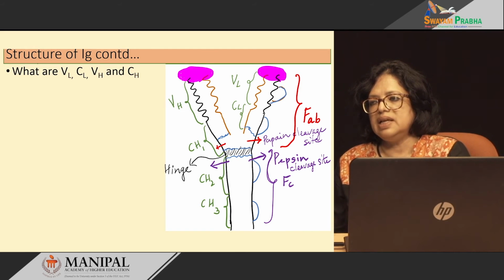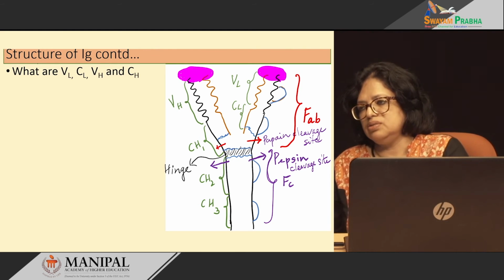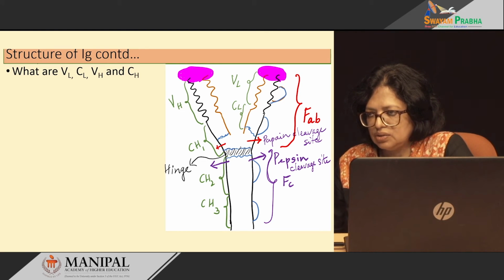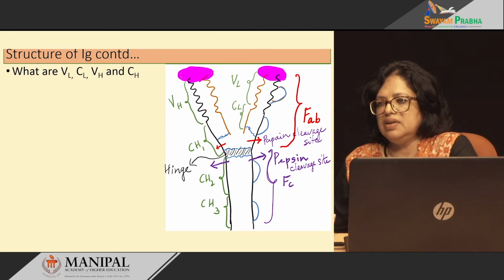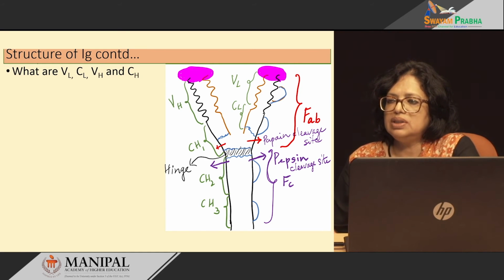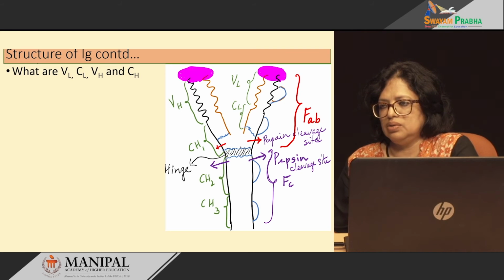If we use another enzyme called pepsin, pepsin as you know is a digestive enzyme which is found in gastric juice. So, pepsin, if it cleaves the immunoglobulin, it is going to cleave below the hinge region and we are going to get only 2 pieces of the immunoglobulin molecule.